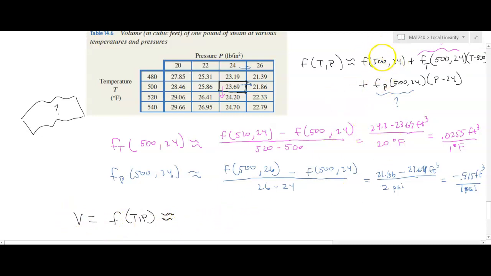So f of 500 comma 24, we know that that's 23.69.